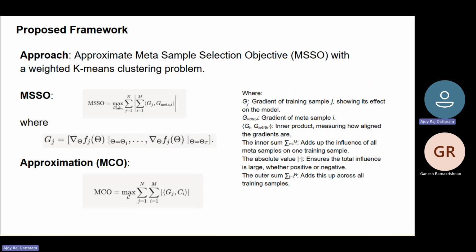Here is the function for MSSO, which extracts the data from the training set. In this function, Gj is the gradient of a training sample j, showing its effect on the model, and G meta i is the gradient of a meta sample i.